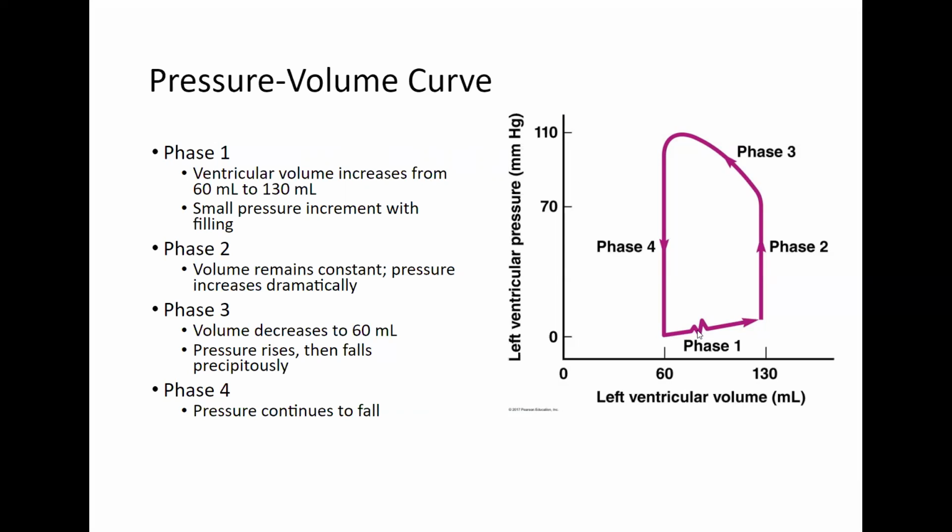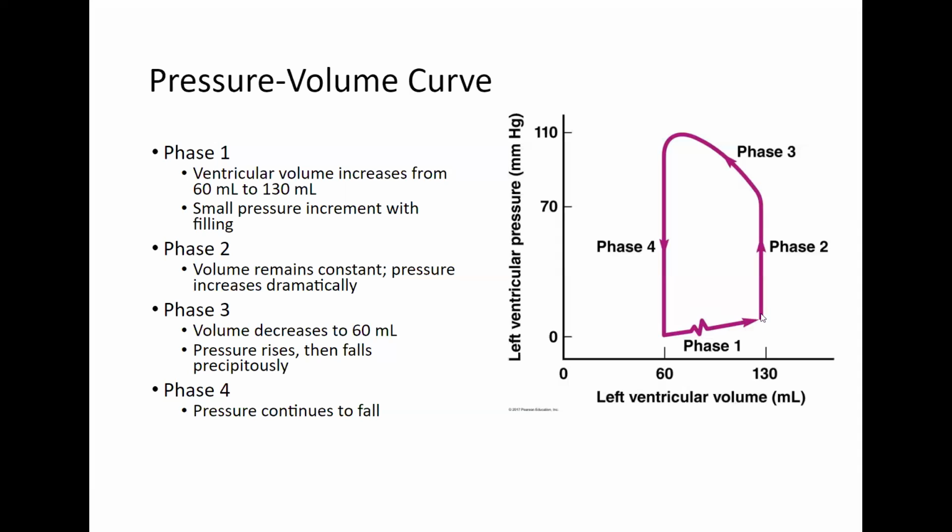So we have the ventricles filling. So we are increasing ventricular volume. This doesn't cause very much of a change in pressure because it's just kind of, I'm not going to say leaking, but a kind of gentle flow into there. This isn't a very high pressure thing. There's a pretty small pressure increment during the filling.